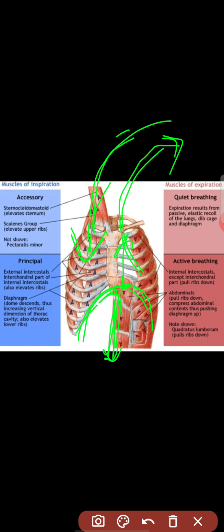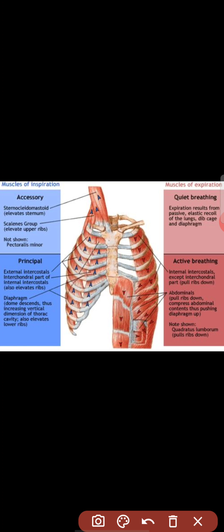Other than these principal muscles, there are accessory muscles in inspiration. Some names are here: the sternocleidomastoid muscles.